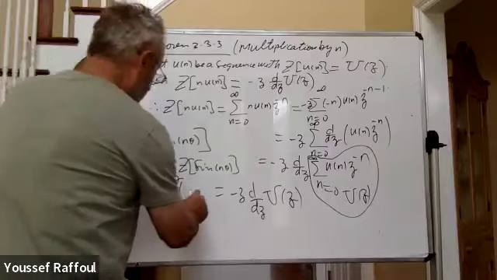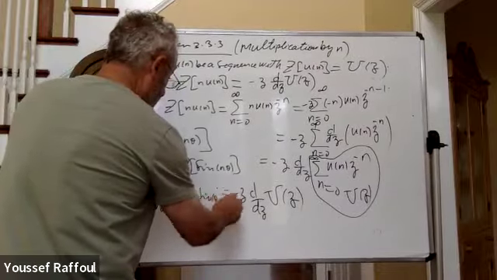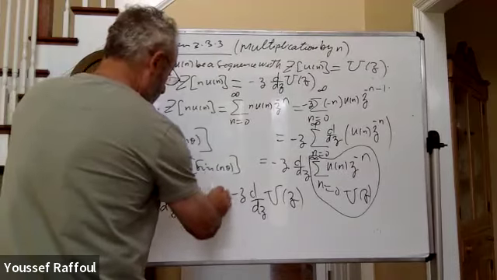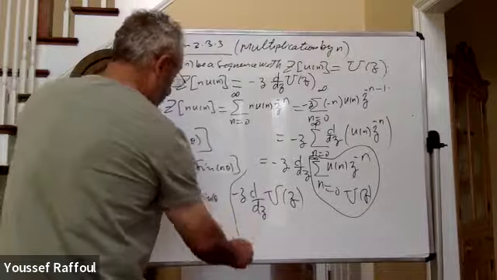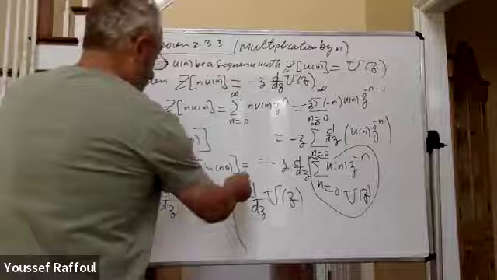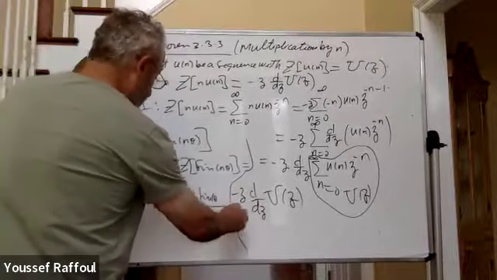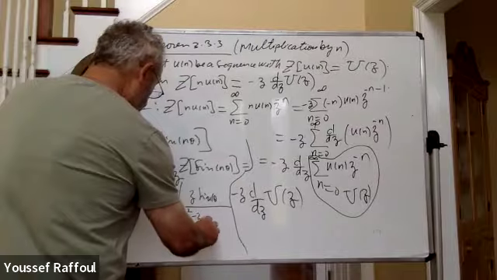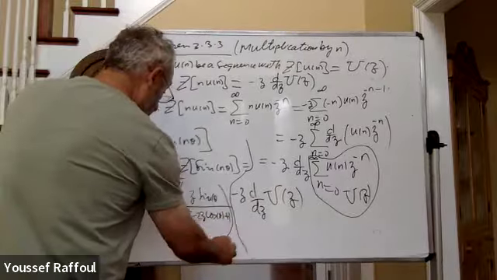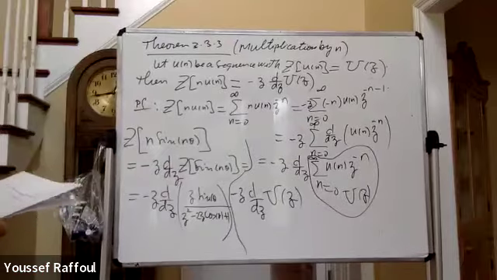So that is z sine theta over z squared minus 2z cosine theta plus 1. There. Okay?